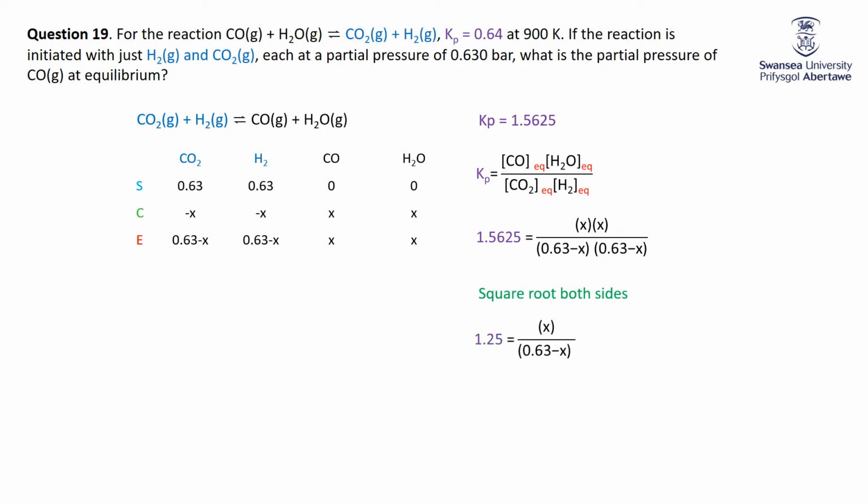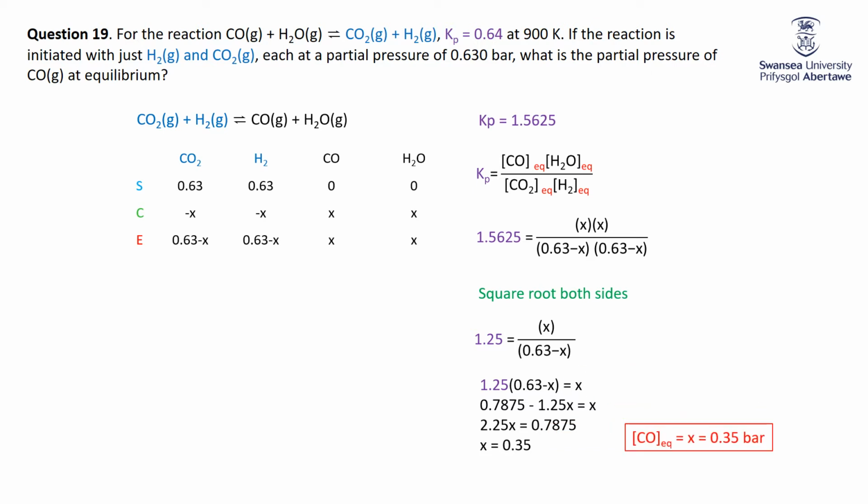Square root both sides, and we get 1.25 is equal to x over 0.63 minus x. Multiply all that out, that's the maths, and x is equal to 0.35. What were we asked for? We were asked for the partial pressure of CO at equilibrium. Well, that is equal to x, so therefore the answer is 0.35.